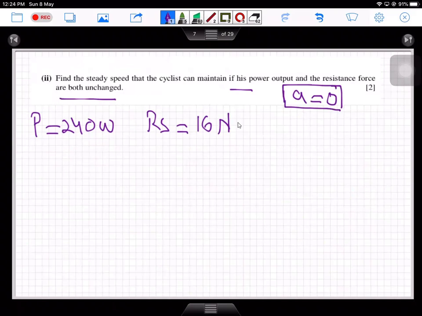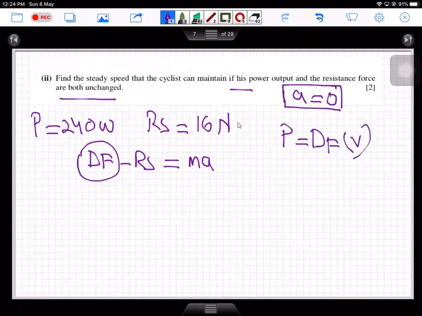All right. So driving force minus the resistance is equal to mass times acceleration. Since we know that power is equal to F multiplied by V, where F is the driving force, if I make the driving force the subject of the equation, this is equal to P divided by V. The power is unchanged, it is 240 watt.